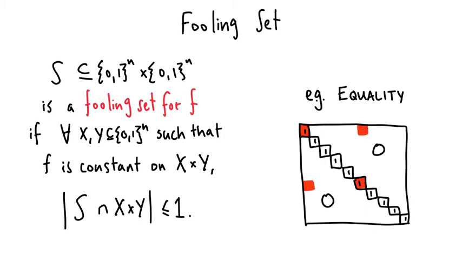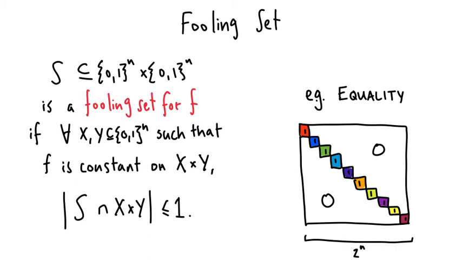The corners lemma says that it needs to happen here and here as well, which can't take place because the function is supposed to be 0 there, not 1. And so from this we can infer that we need independent transcripts for everything in this fooling set.